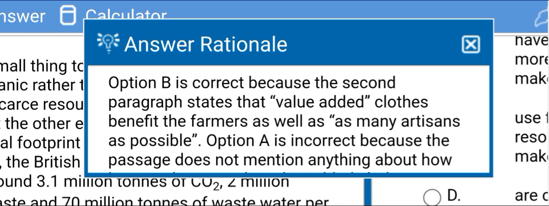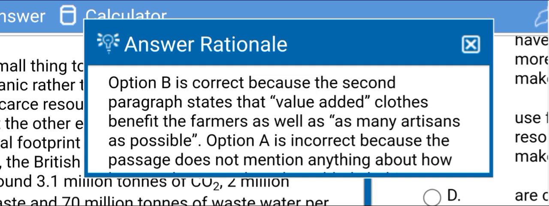Option B is correct because the second paragraph states that value added clothes benefit the farmers as well as as many artisans as possible.